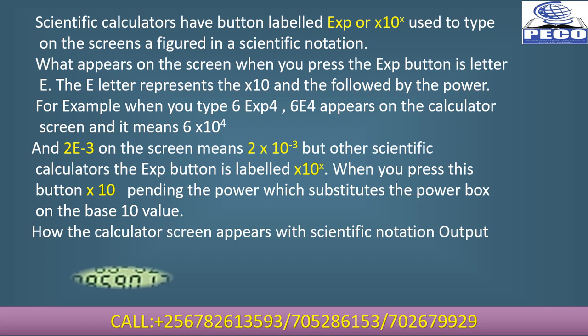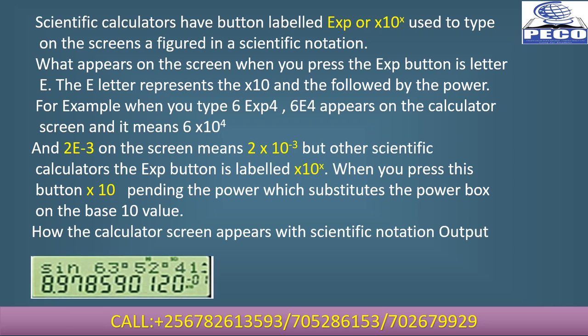For example, that one there is 8.9785901, but there is times 10 to the power negative 1. This simply means it is this value times 10 to the power negative 1, which appears on that calculator.